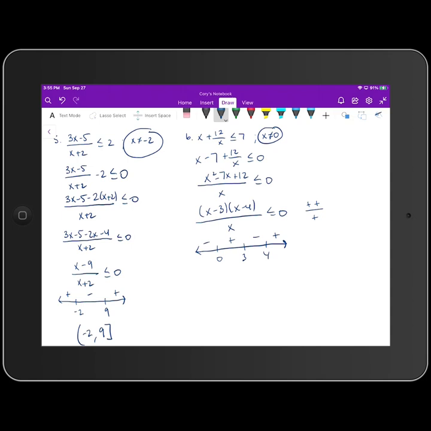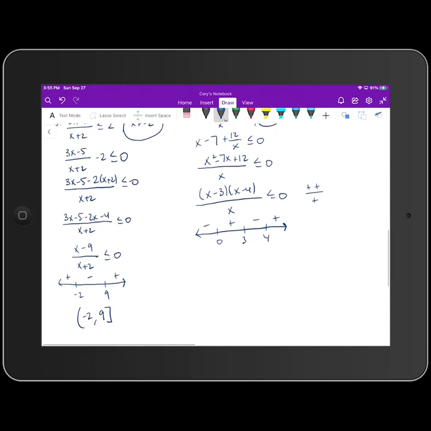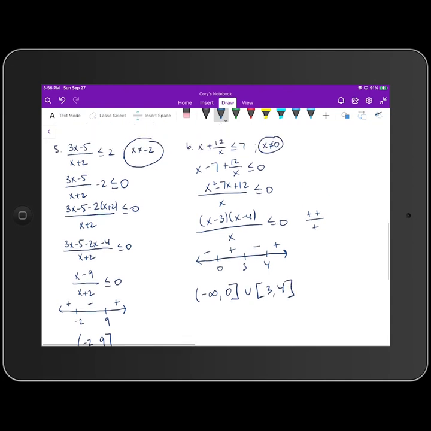So if we're trying to find where that is less than or equal to 0, that's going to happen on the interval from -infinity to 0, union the closed interval from 3 to 4. And then again, we're going to check that interval against our domain, and we know that x can't be equal to 0. So I'm going to remove that value from that interval by changing the bracket to parentheses, thereby making that interval open.